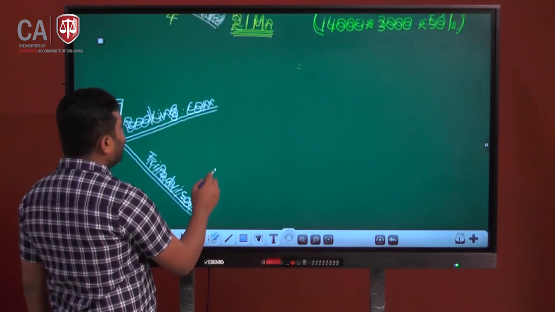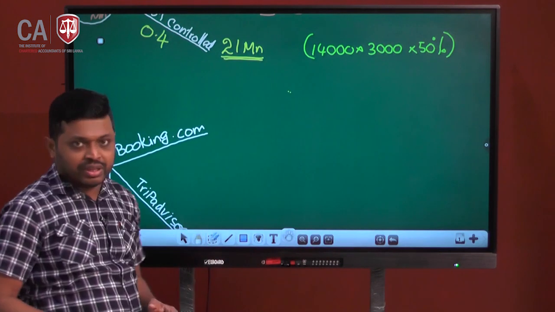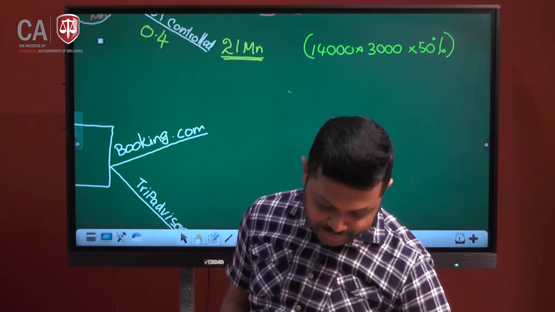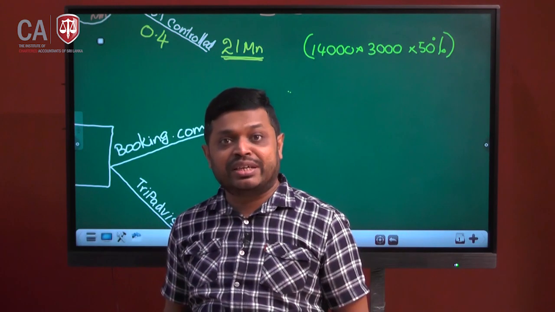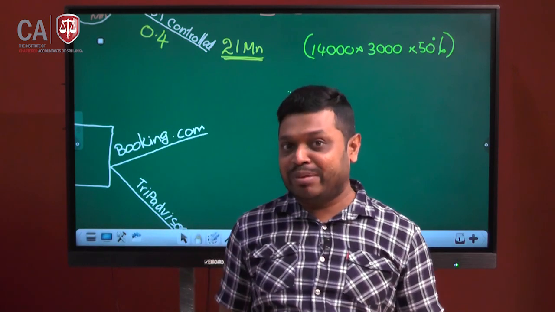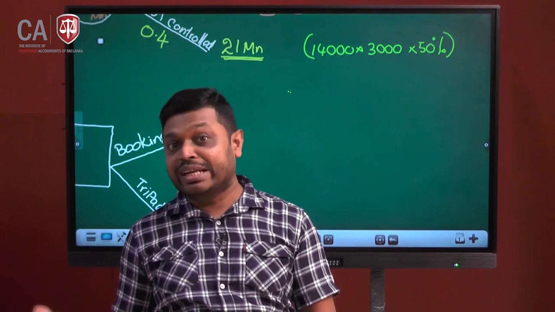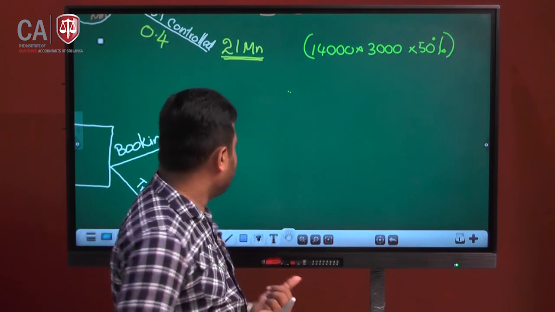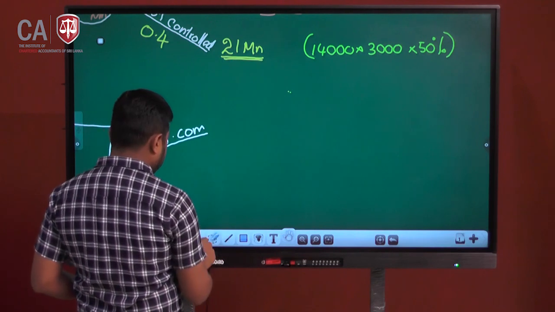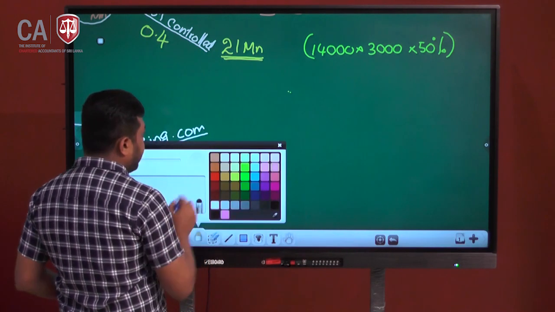Okay, even if you apply to booking.com, there is a situation where the virus can be controlled or cannot be controlled. In booking.com, now I am introducing an event node.